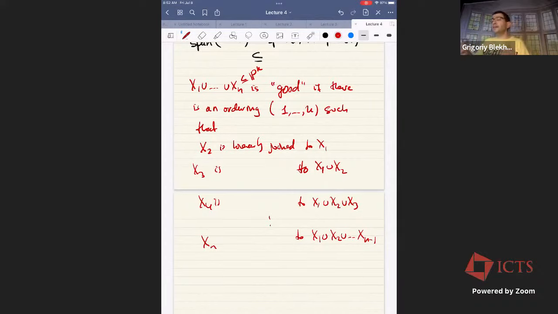If I start gluing them in a different order, they may not look to be linearly joined. But all I need is that there exists some right ordering in which every gluing is a linear joining. Right, so this is like the clique tree decomposition of a chordal graph. That's exactly right.